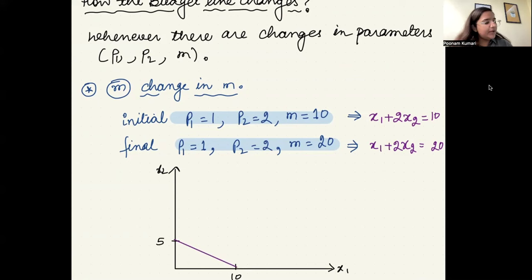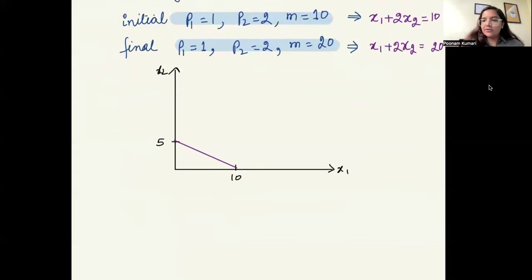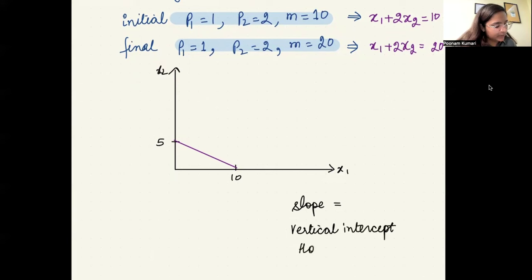Yes, ma'am. Can you tell me that when we normally write P1 x1 plus P2 x2 is equal to m, in that format, when we were writing the budget line, we talked about what the slope is, what the vertical intercept is, and what the horizontal intercept is. Ma'am, slope is minus p1 by p2.